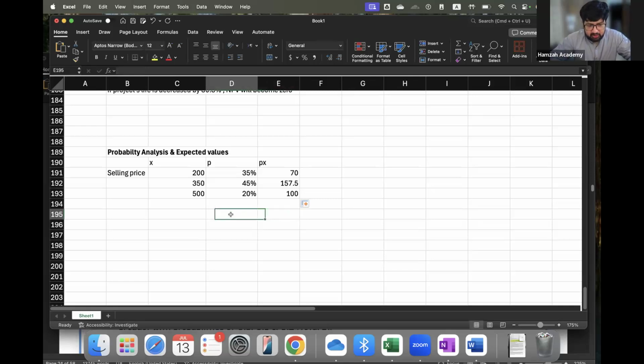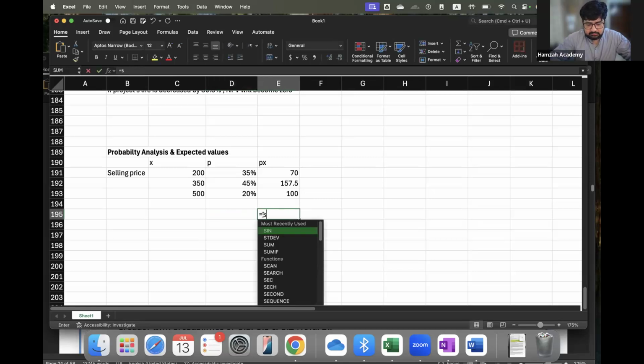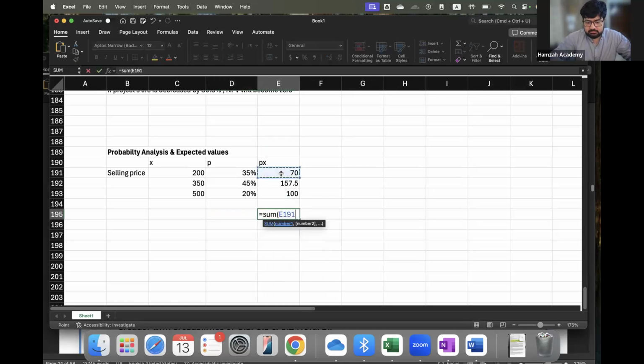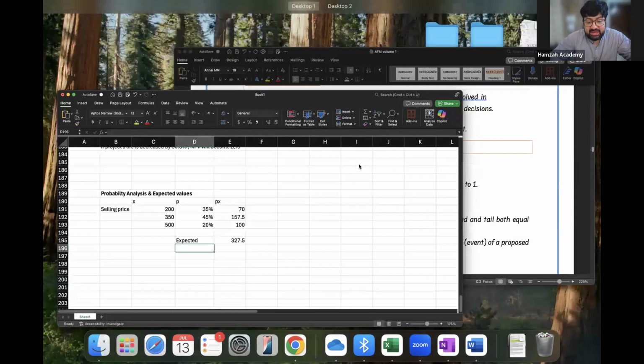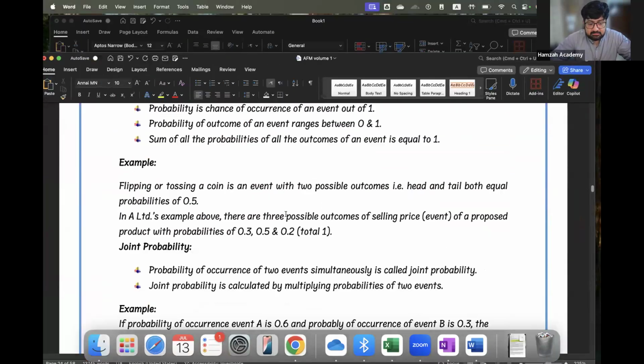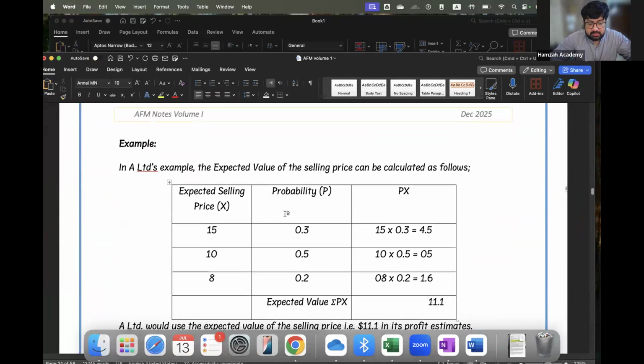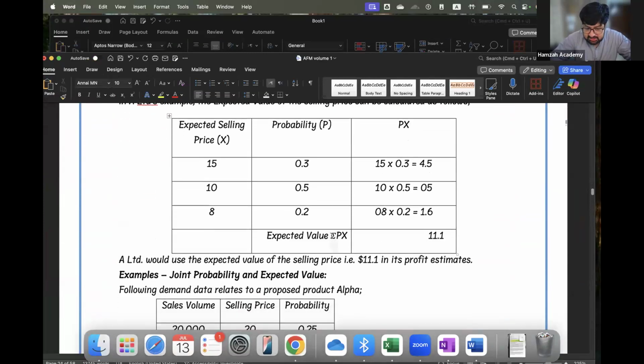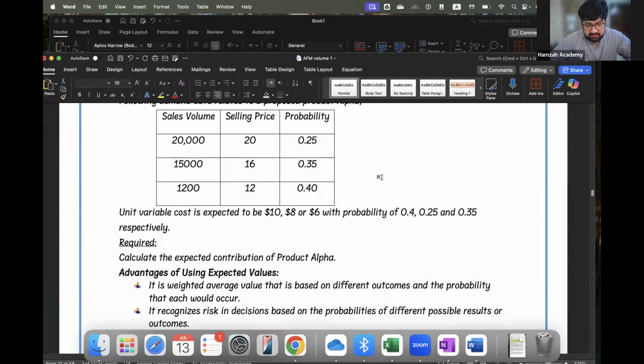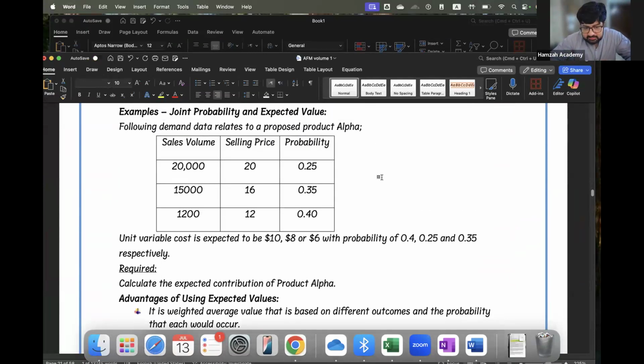And now the sum of all this is the expected value. Yes, this is the formula, sigma Px.